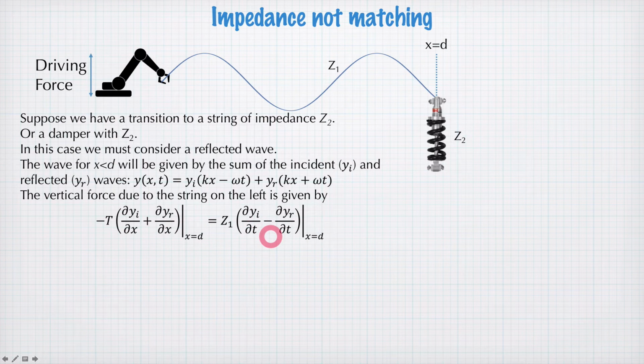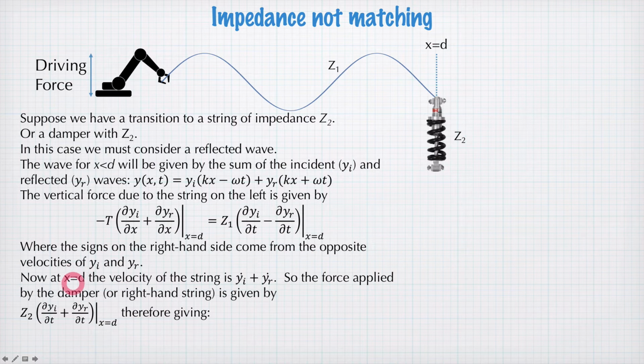We can rewrite that in terms of the impedance and the vertical velocity of the incident and reflected waves, like this. Now, the change in sign here comes due to the different sign inside the kx minus omega t and the kx plus omega t. This plus sign leads to a sign flip here comparing the incident and reflected waves.